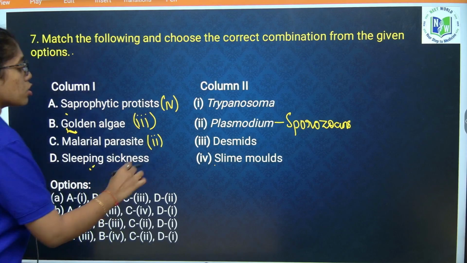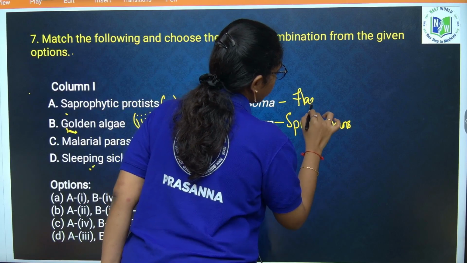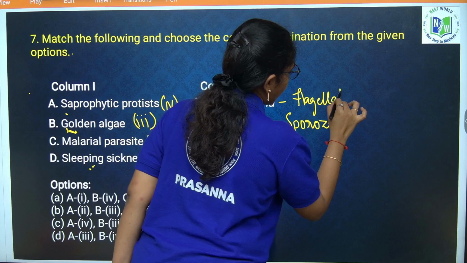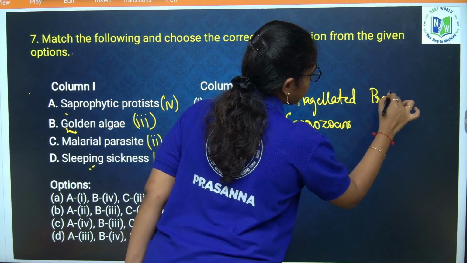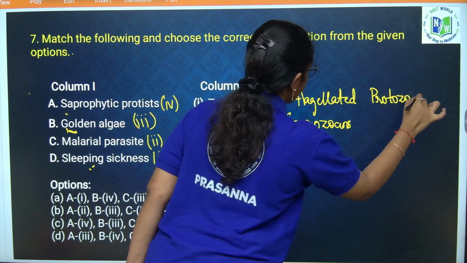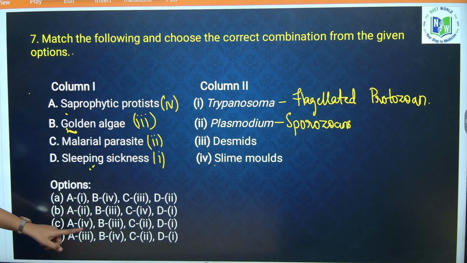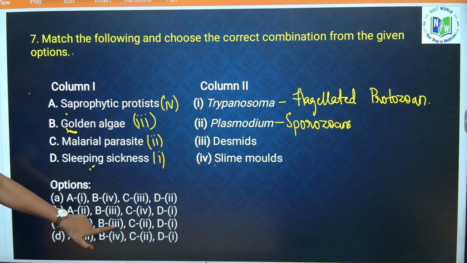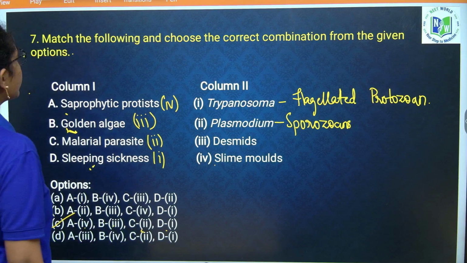Sleeping sickness is caused by Trypanosoma, which is a flagellated protozoan. So, yes, A is 4, B 3, C 2 and D 1. Option C is the correct answer.